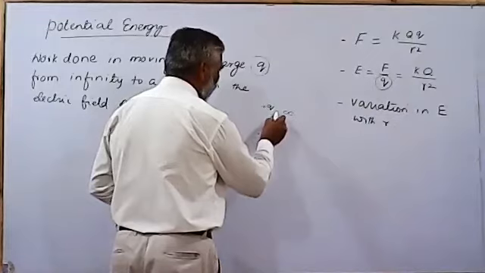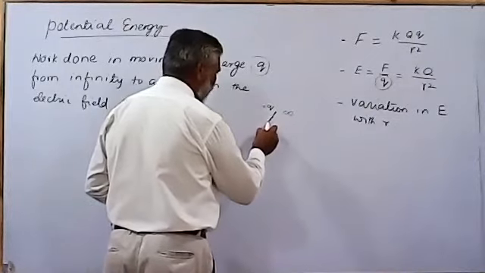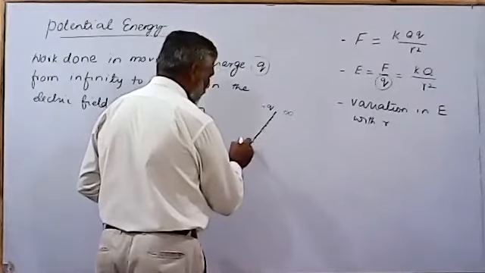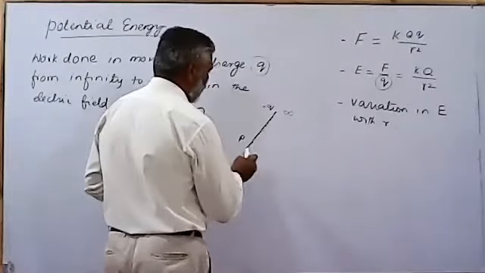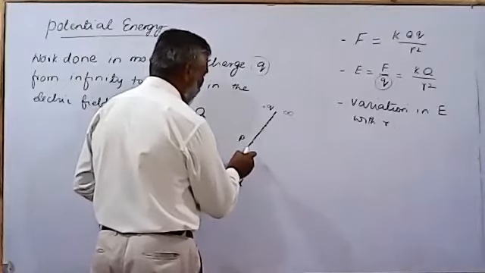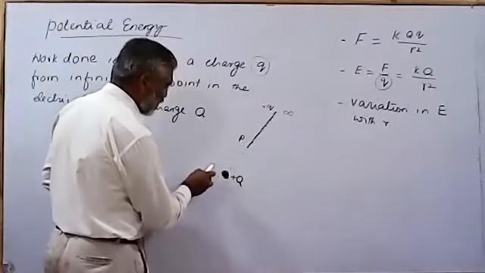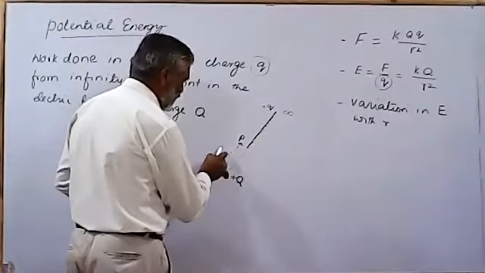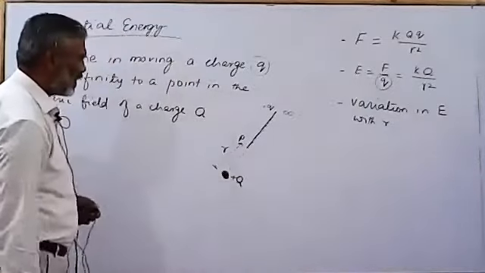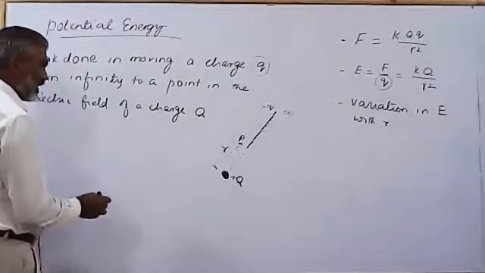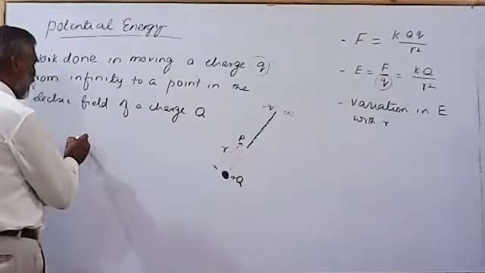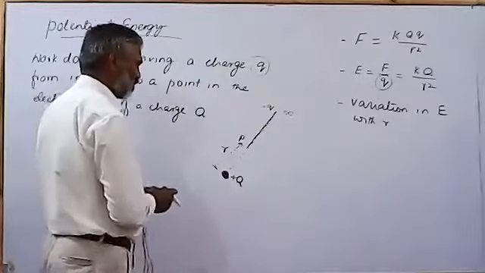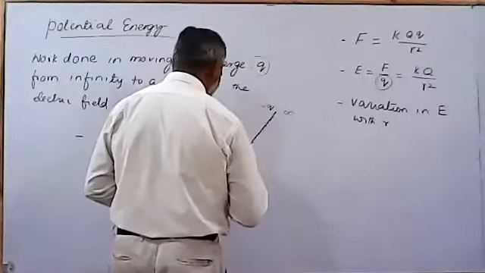if I have to move this charge from infinity to a certain point, let's say this is the point P, and the position of this point from this charge is now R. This is R. The expression for this is minus, because clearly this is the negative work being done.